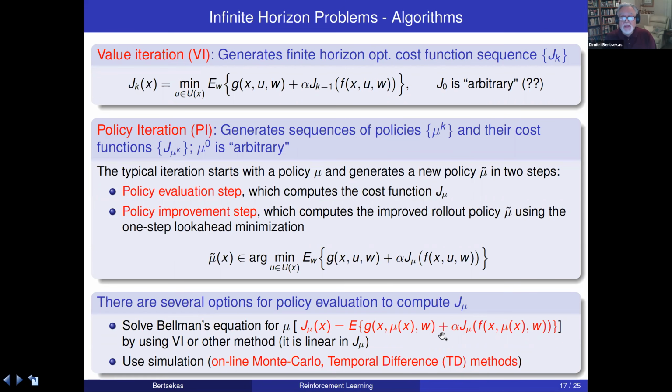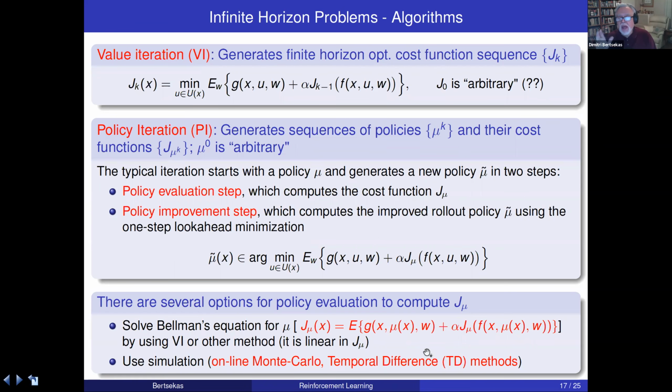The second possibility is to compute J mu sub x by simulation. You simply have this policy and you crank it forward for an infinite number of steps or a large number of steps, and you record the value. That gives you J mu sub x. This is Monte Carlo simulation. There's also a large class of other methods for computing J mu, both in exact policy evaluation and approximate policy evaluation.